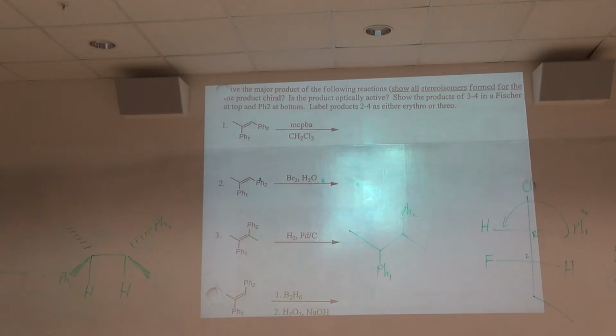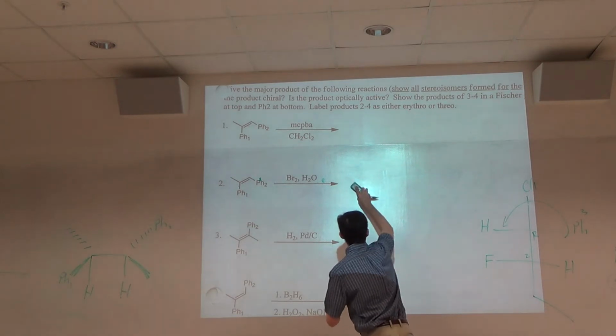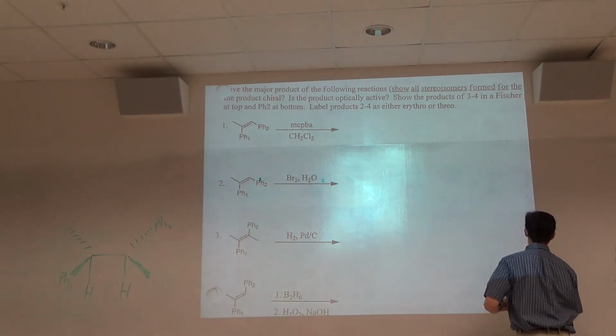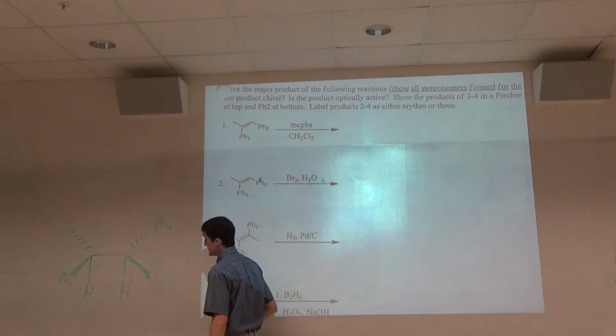Now, what's the question up there? Well, one of the questions is showing a Fischer projection. Well, here it is. Can you show that in a Fischer projection? Well, it's the same old thing, but some of the things you don't realize what we're doing, we just do it, okay?